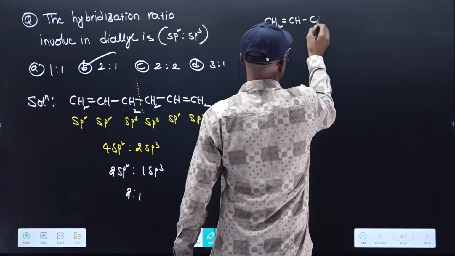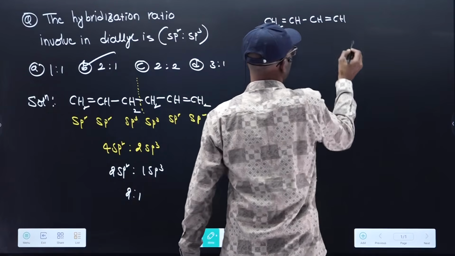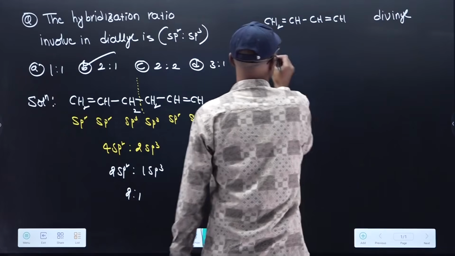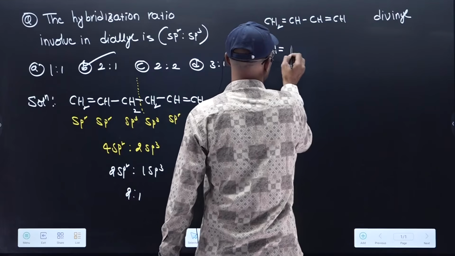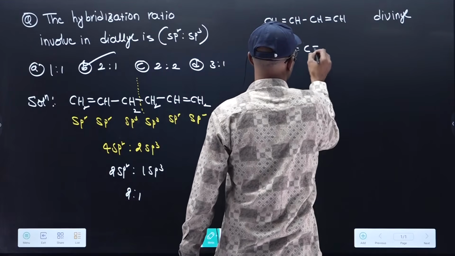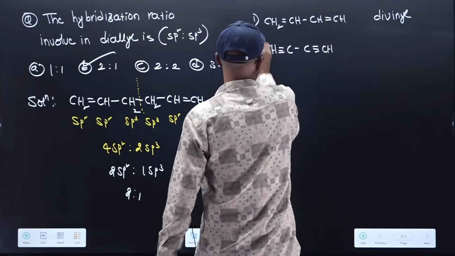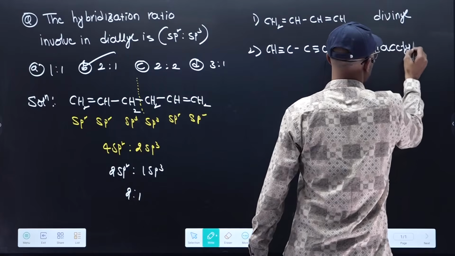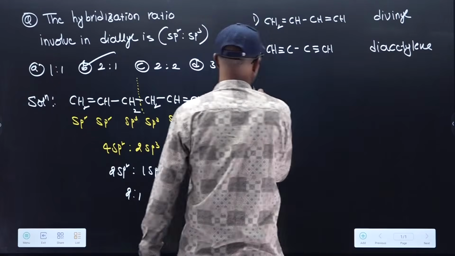So this is called divinyl. You remember this name? Divinyl. Here two triple bonds are connected. This is a diacetylene.